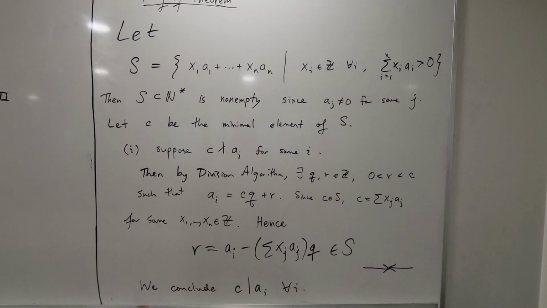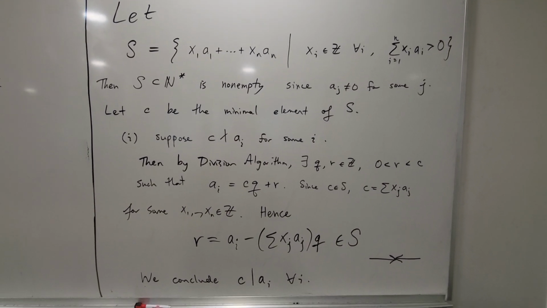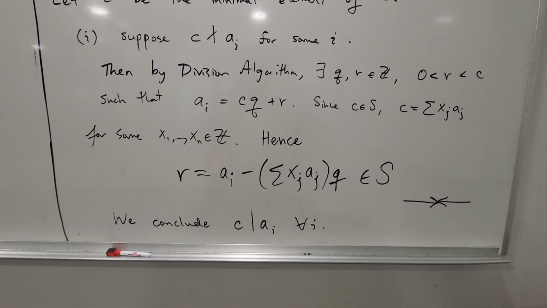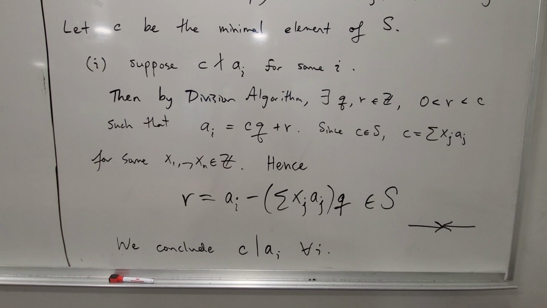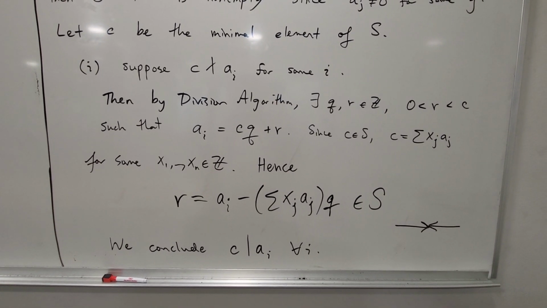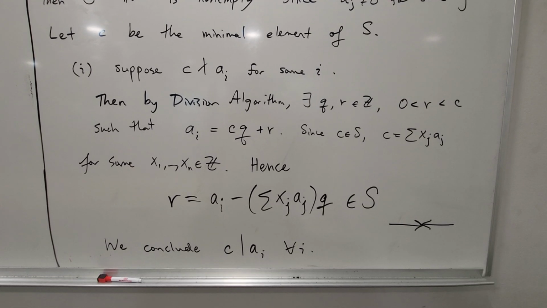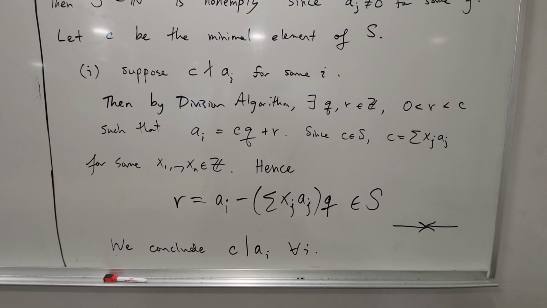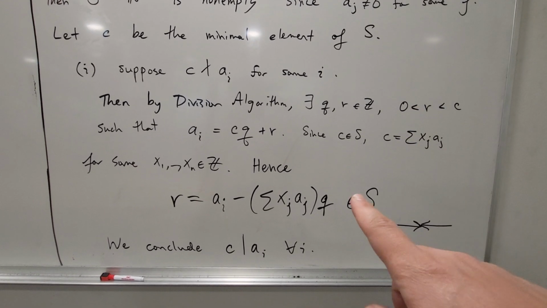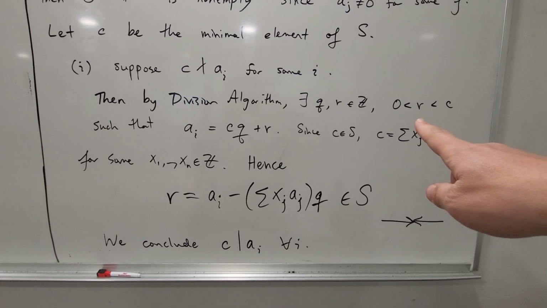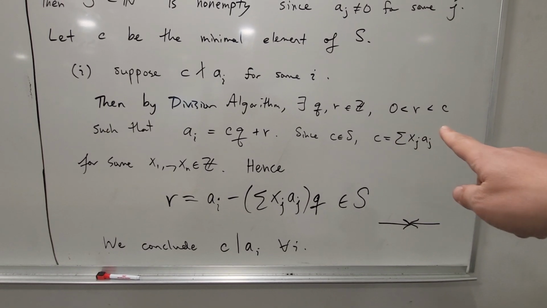So we're going to suppose, for sake of contradiction, that it doesn't divide one of the a_i's. Then by the division algorithm, we can find two integers, q and r, where r is the remainder, such that r is between 0 and c.